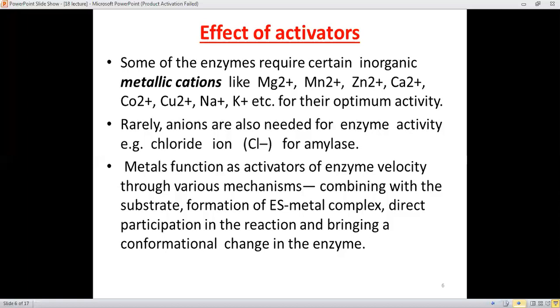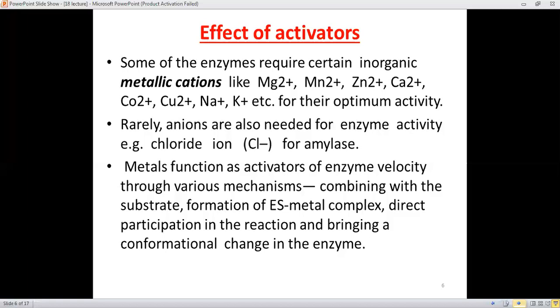These metals, magnesium, manganese, copper, cobalt, sodium, potassium, and so on, function as the activator of enzyme velocity through various mechanisms like combining with the substrate, formation of ES metal complex, direct participation in the reaction, or bringing a conformational change in the enzyme.